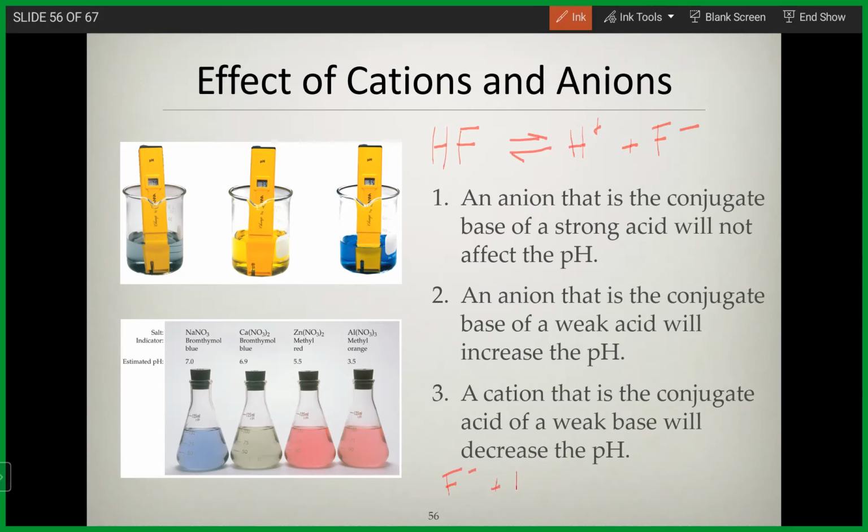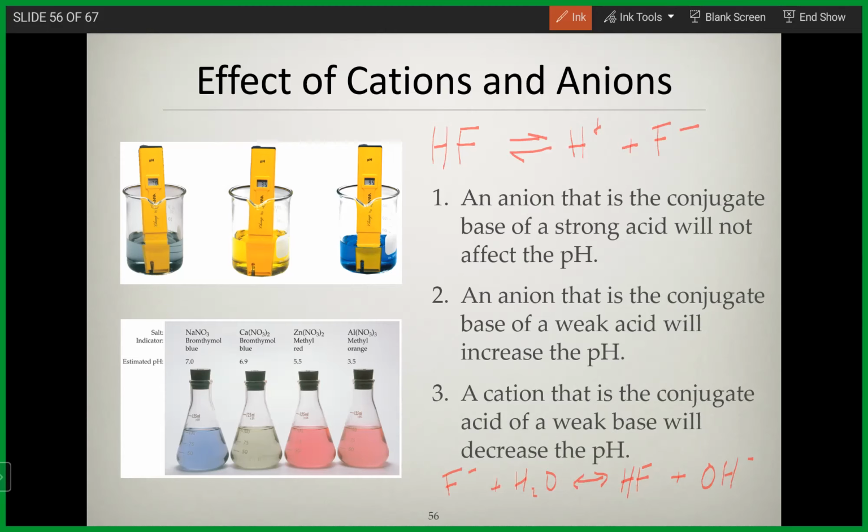But in some cases, the fluoride ion is going to interact with that water. It's going to take off one of those protons and reform HF, because we have an equilibrium. And we'll now have some of that hydroxide ion produced as well, because if we're taking that H plus from water, that hydroxide is still going to be left over. So that's why the anion of a weak acid is going to increase the pH.